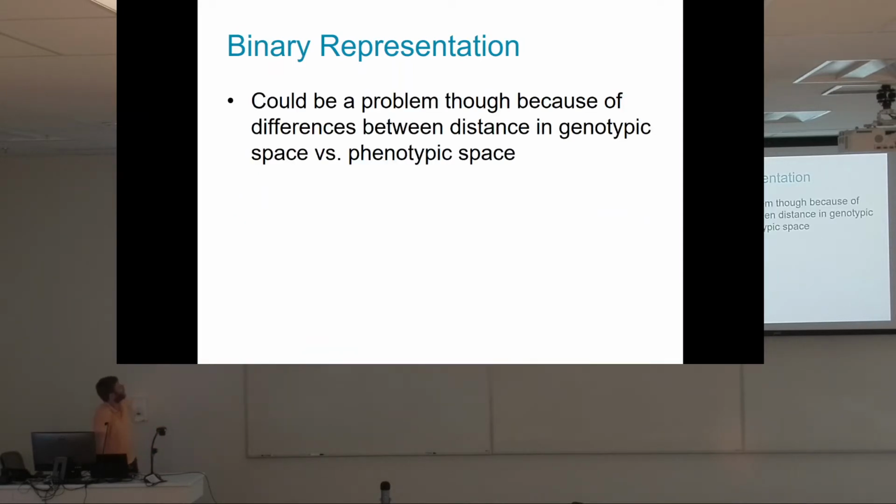So, it could be a problem because of the difference between, like, the distance in that example of optimizing the number of ones. A little change in the genotype space, flipping one bit, what does that mean in the phenotype space? Does a little change mean drastic changes over there, or does it mean little changes over there? With the string of zeros and ones, it kind of had both, right?